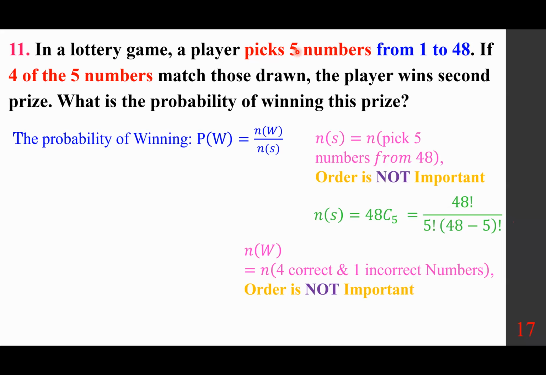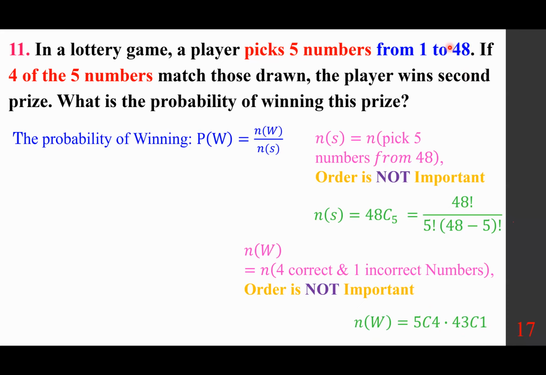48 minus 5 means 43 incorrect. So from 43, I choose 1. So the combination of 5 choose 4. That's the number of correct ones, 4 correct ones. Combination of 43 choose 1.